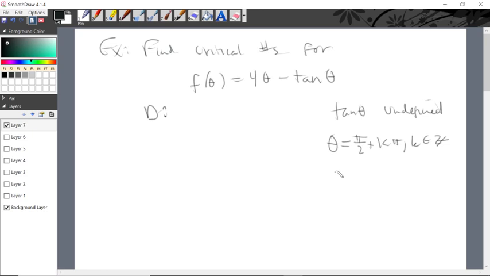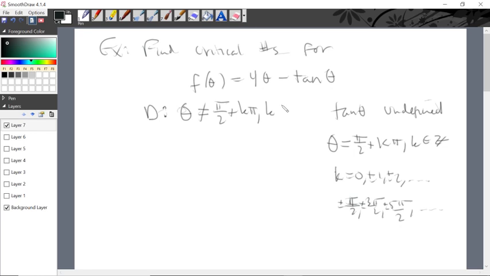That's where k is equal to 0, plus or minus 1, plus or minus 2, etc. So this includes values like theta is pi over 2, 3 pi over 2, 5 pi over 2, plus or minus, etc. So the domain of f is theta is not equal to pi over 2 plus k pi, where k is an element of the set of integers.